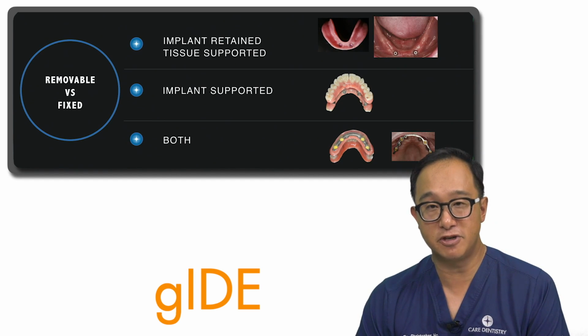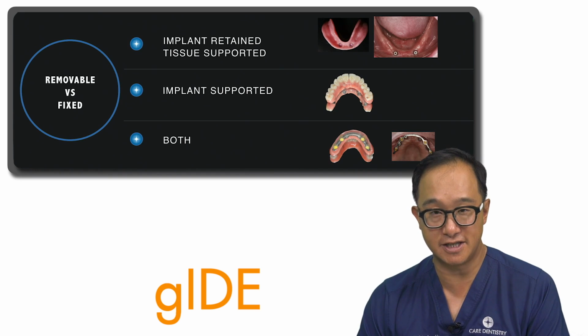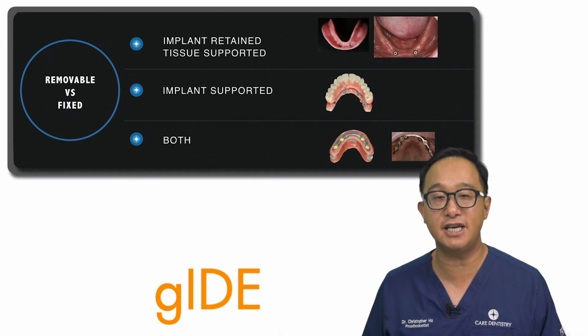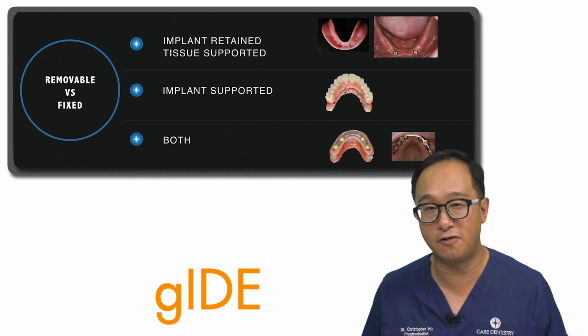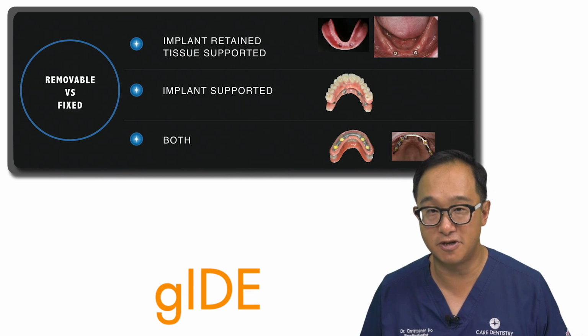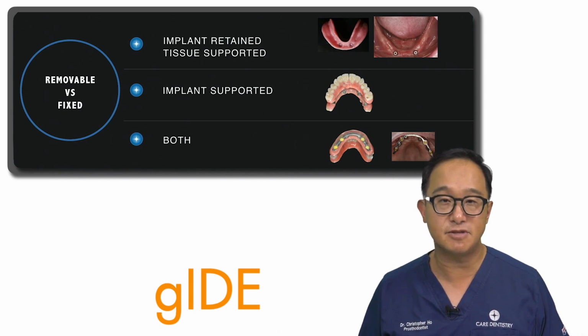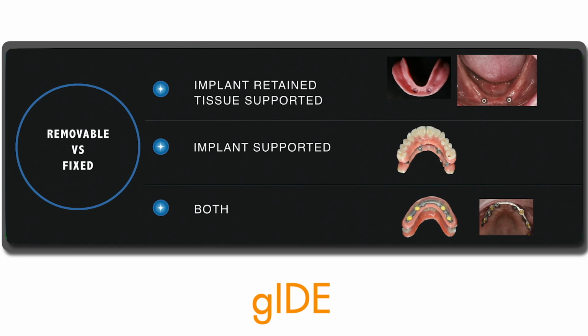An implant-supported bridge would be supported by implants. It's not relying on the tissues to support the prosthesis, it's relying on the implants. So here, necessarily, you'd need to have 4 or more implants to support a prosthesis. And then sometimes you have both. You might have an implant overdenture that is still supported by a milled bar, also having some tissue support as well. So you might have both options here, both tissue supported and implant supported.